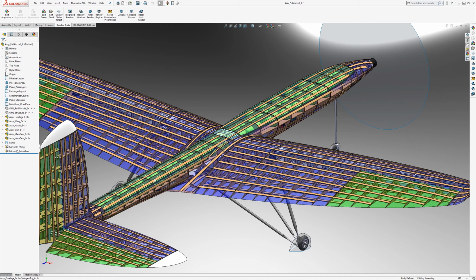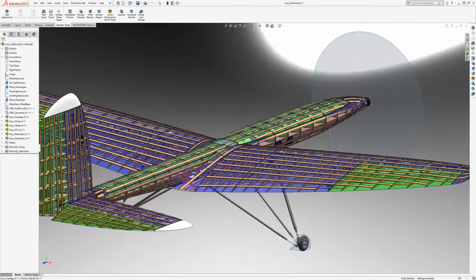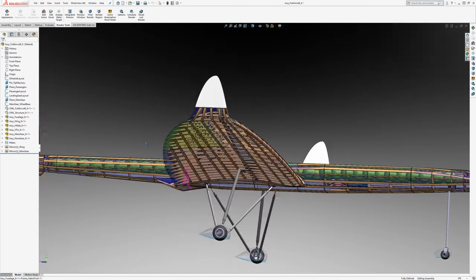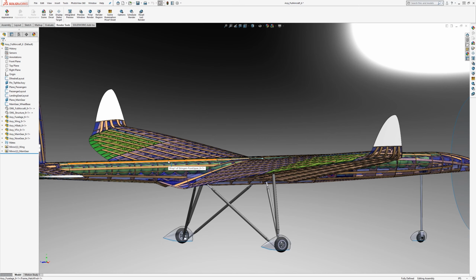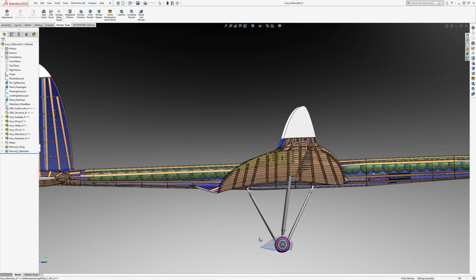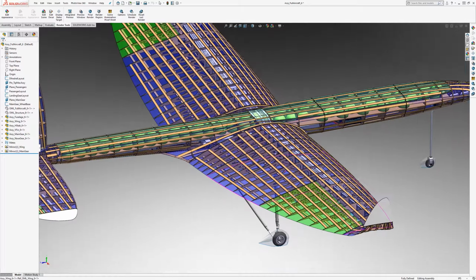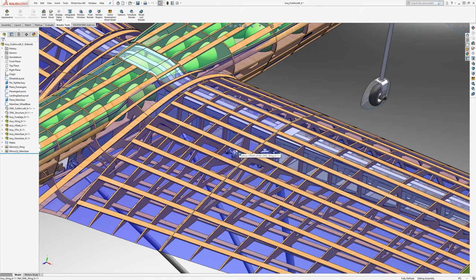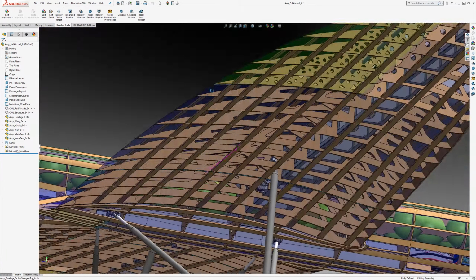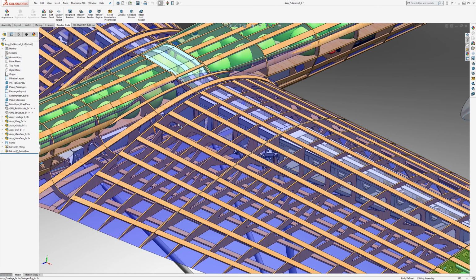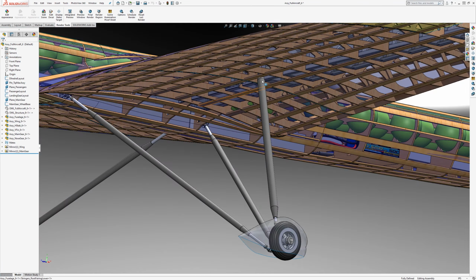And we also wouldn't necessarily have the landing gear finalized. What you really need at this stage would just be where the wheels are, the positioning of them, and how the landing gear attaches and where it attaches to the fuselage or the wings. So in this case here and under here and over here.